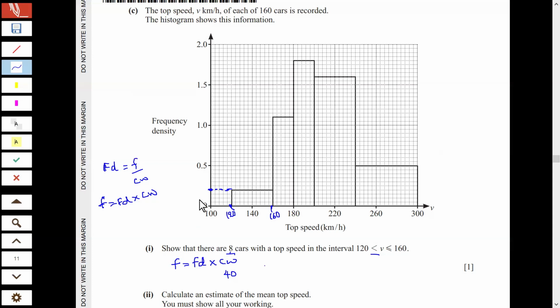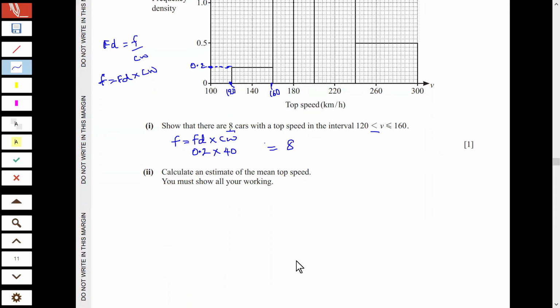So the frequency density for this interval is 0.2. So I replace this as 0.2 times 40. That should give us 8. So the answer is 8.